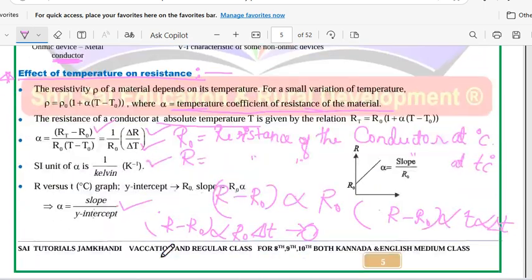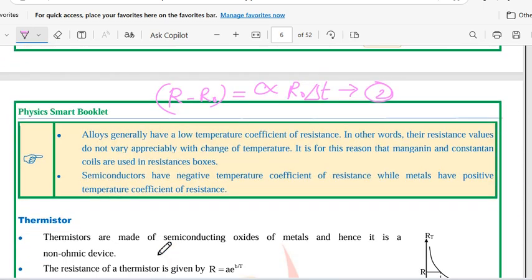There are some notes to remember. Alloys generally have a low temperature coefficient of resistance, that is, alpha is low in the case of alloys. In other words, the resistance values do not vary appreciably with the change of temperature.